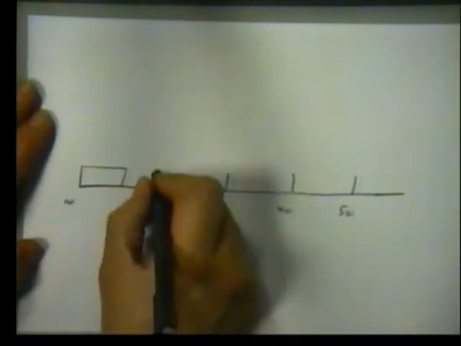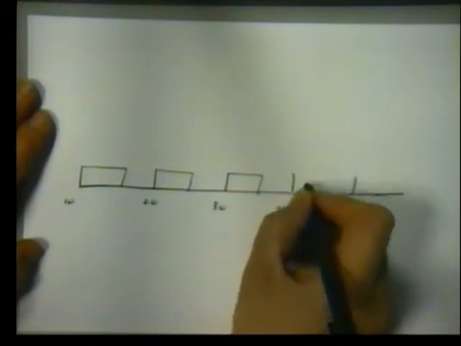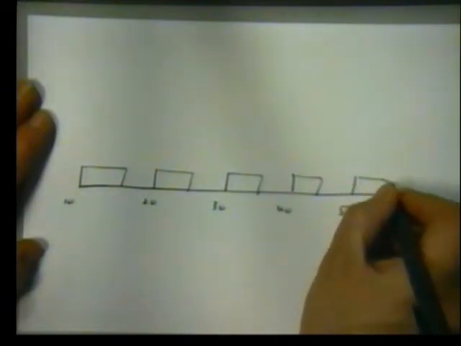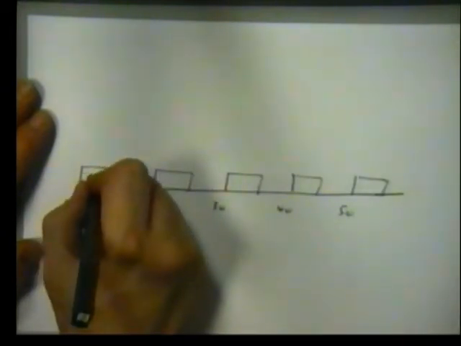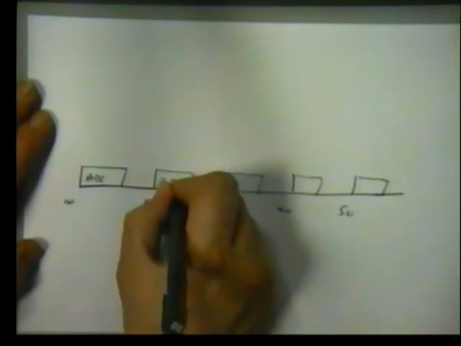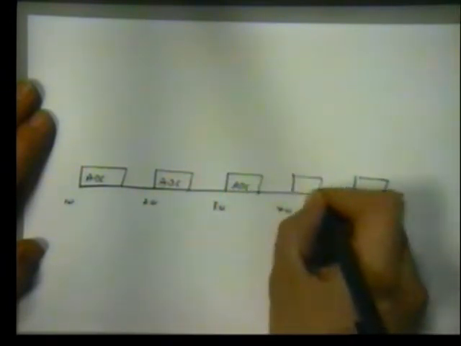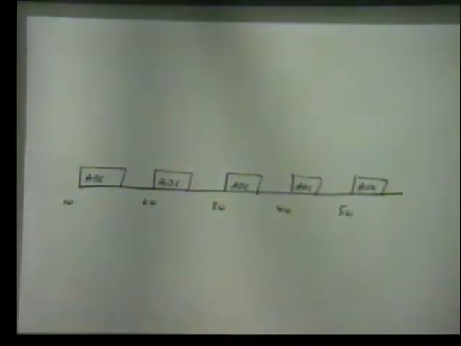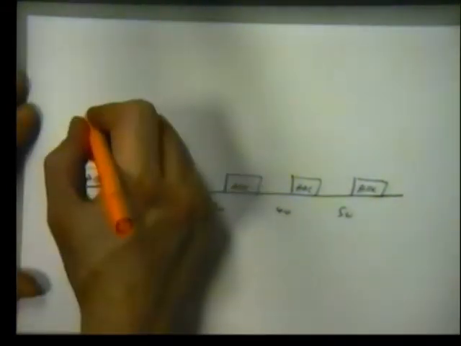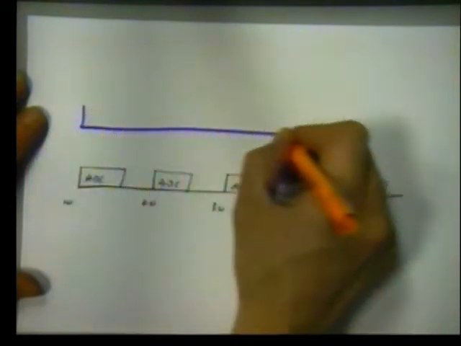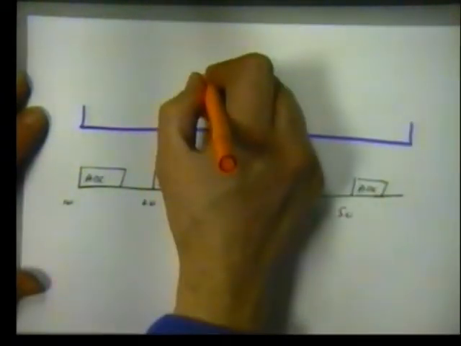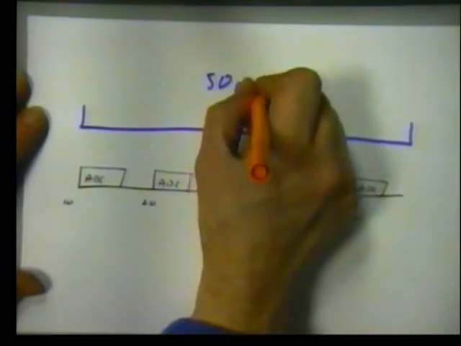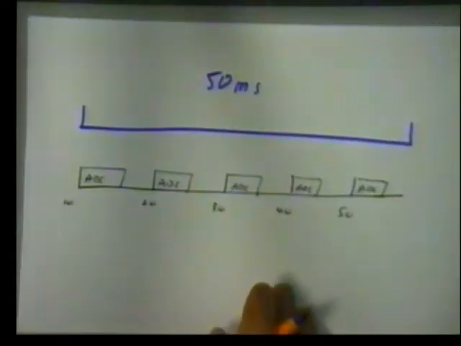And whenever it happens, it eats up half of the available time. So there is the ADC routine. It's taking 5 milliseconds to do its job. And I've said that on top of that, we have to have another interrupt that occurs every 50 milliseconds. How much time is available?